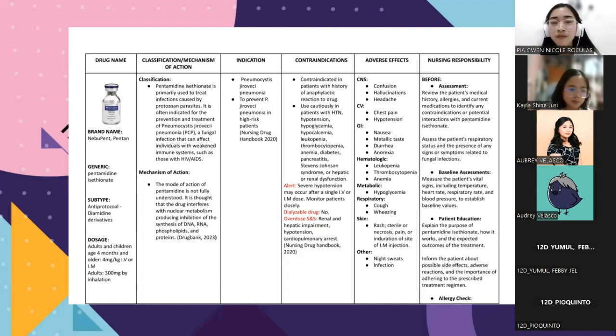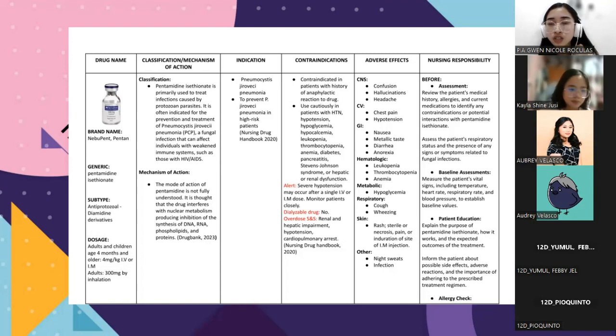So for the adverse effect, so it means abnormal use of drugs. So for the central nervous system, so this drug can cause confusion, hallucinations, headache, and CV, so chest pain, hypotension. Then for the gastrointestinal tract, so nausea, vomiting, metallic taste, diarrhea, abdominal pain, anorexia.